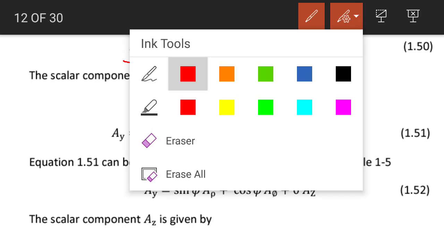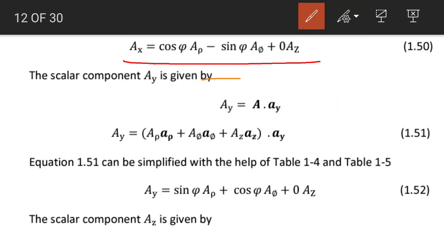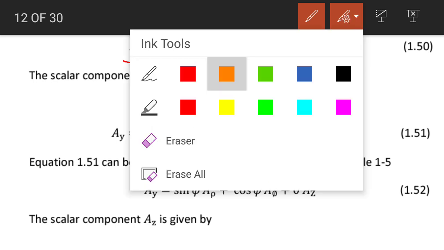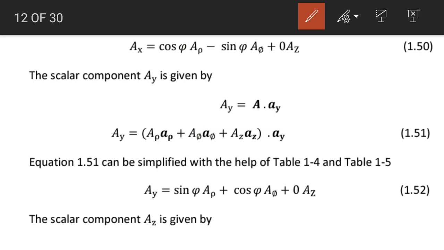We calculate the y component of this vector with the help of this particular equation. So A dot a_y will give you the y component of this vector. So let us put the value of A on the right hand side of this equation. So this is the value of A, and we have dot a_y. This is equation number 51. We simplify equation number 51 with the help of table number 4 and table number 5 of chapter number 1.